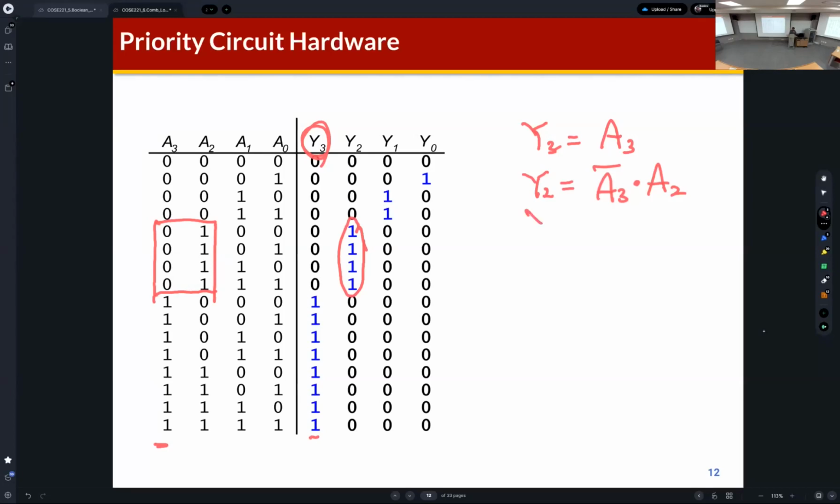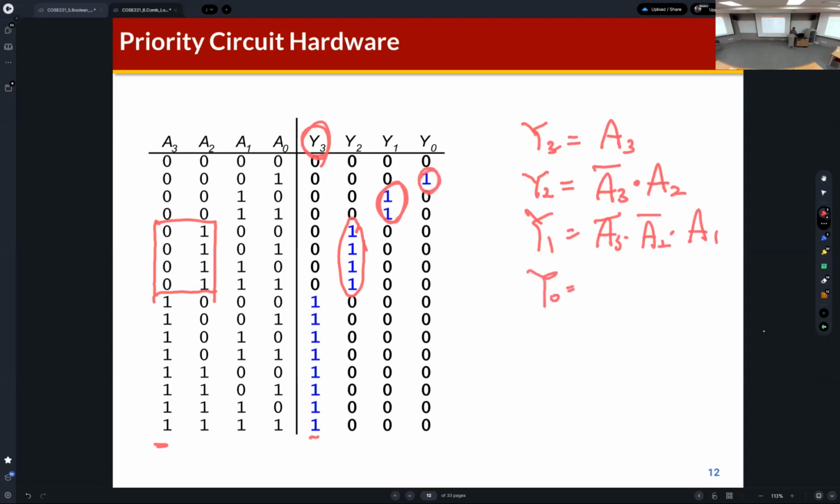We can represent the Boolean equation from the sentence, like a condition from the sentence that defines the conditions. How about Y1? Using the same way, it's A3, A2, and A1. How about Y0?